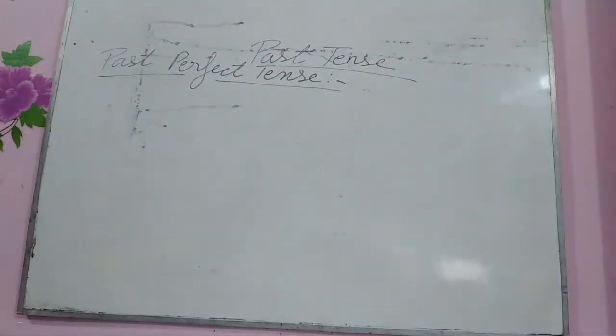In past perfect tense, let's see. This tense tells us about the complete action in the past, the action which had completed in the past. Okay, so just see the formula.